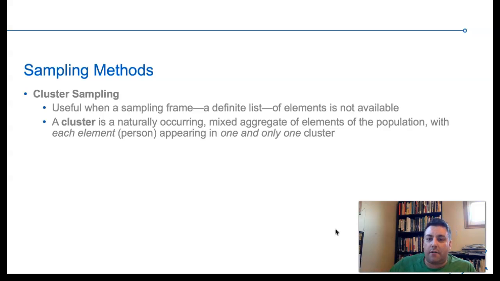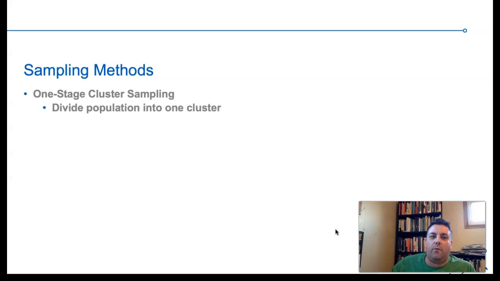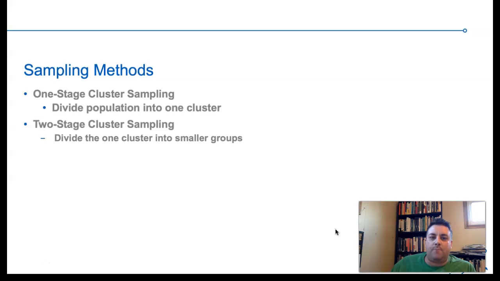So when we have clusters, that's sort of our best guess about what different groups in the population look like. And a cluster is sort of this naturally occurring mixed aggregation of elements, with each element in the population appearing in one and only one cluster.